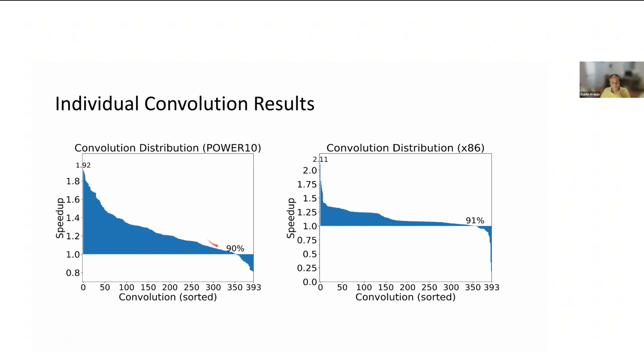The baseline here again is Img2col BLAS with MMA on POWER10. This crossing here indicates the point where it's not worth it to use SConv anymore.